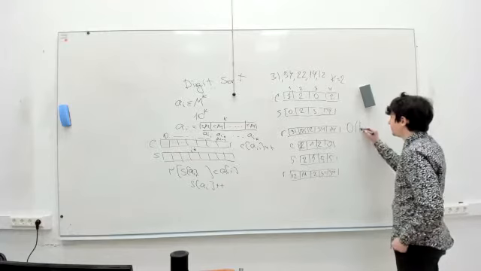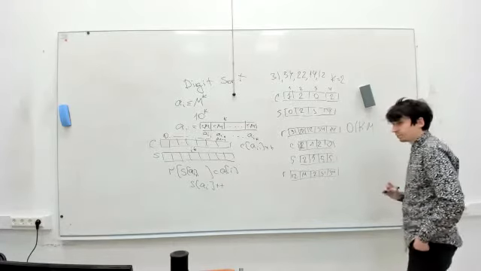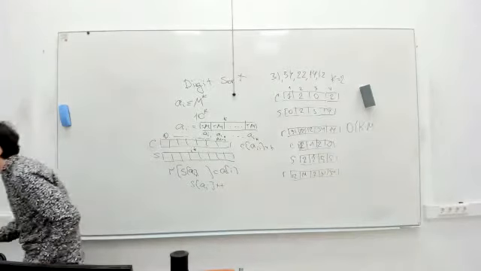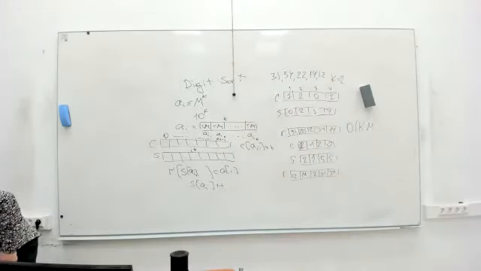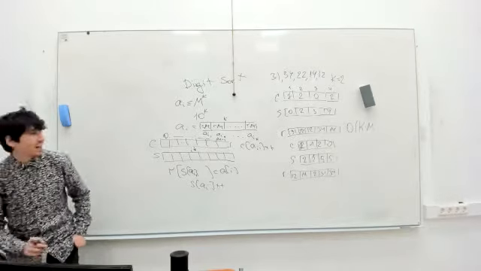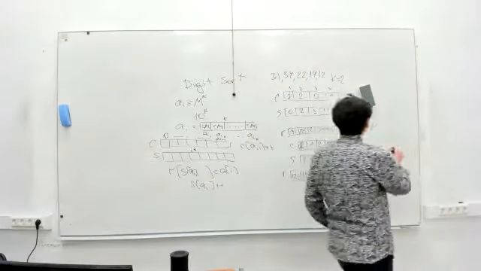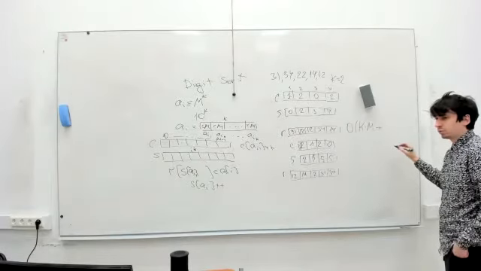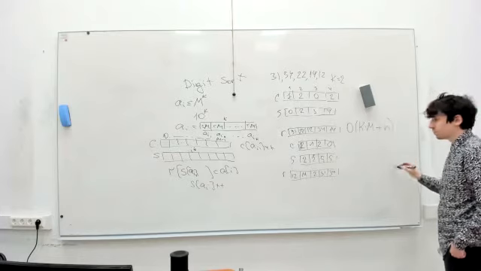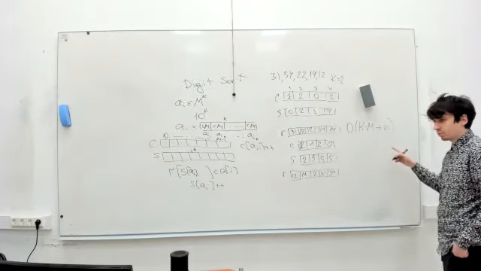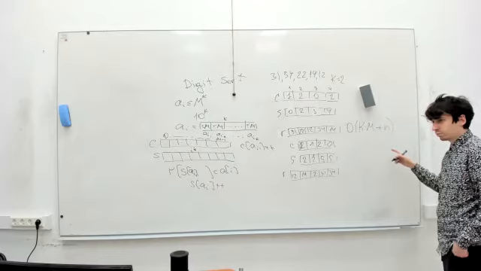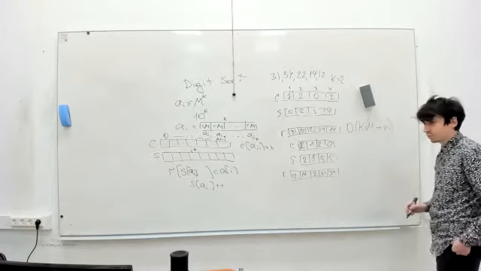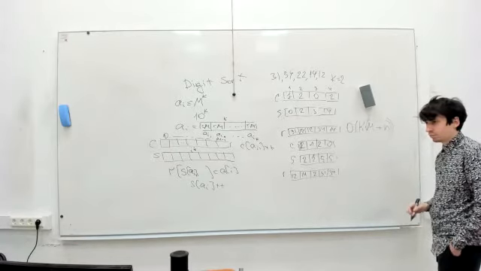And that's all? We need to add something. So k times m plus what? Plus n. And k multiplied by the sum of m plus n.